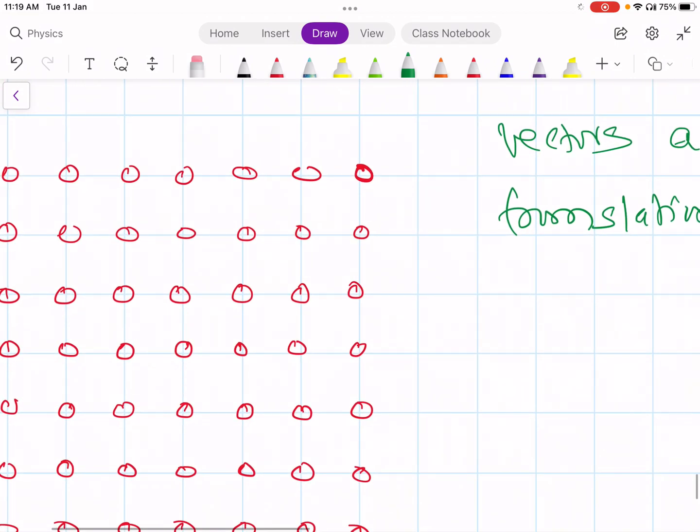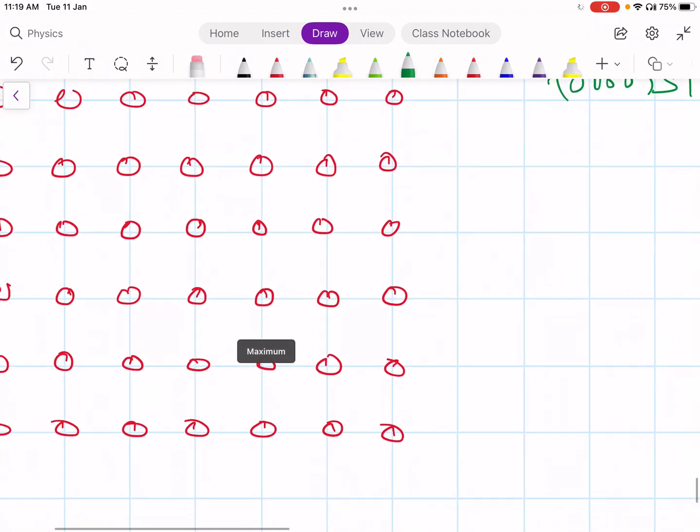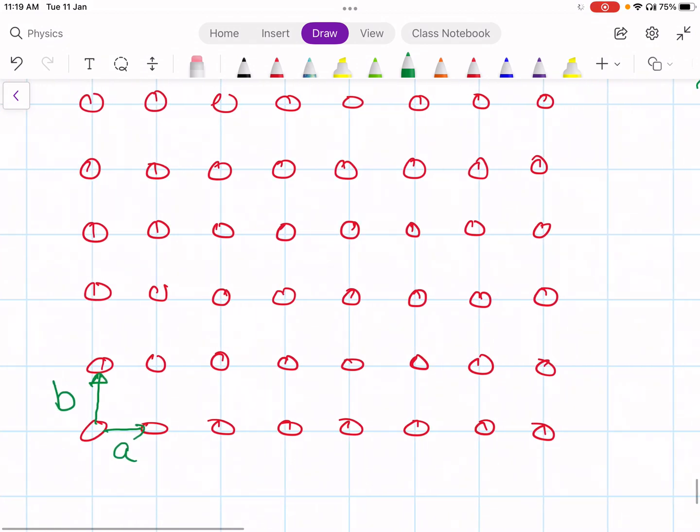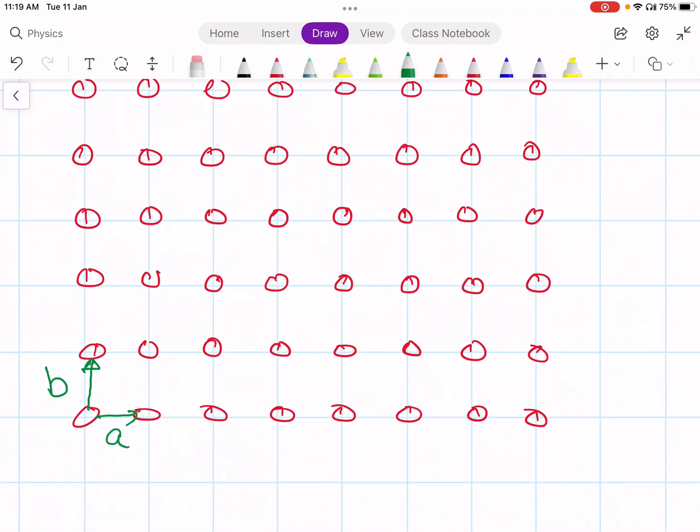To show that each and every point has identical surroundings, I am assuming here that the translational vectors equal 1. Let us assume that A equals B equals 1 for simplicity. Then I will consider any two points in this diagram and show that both have identical surroundings.